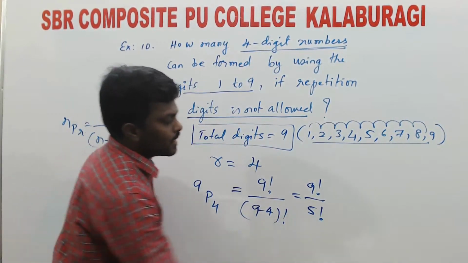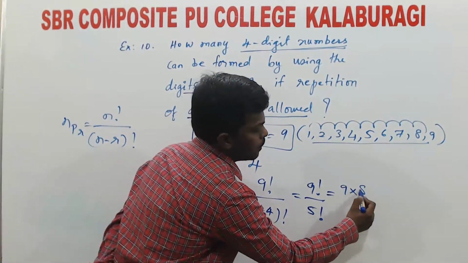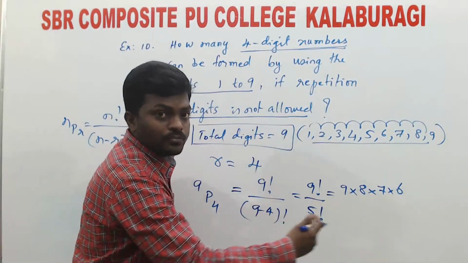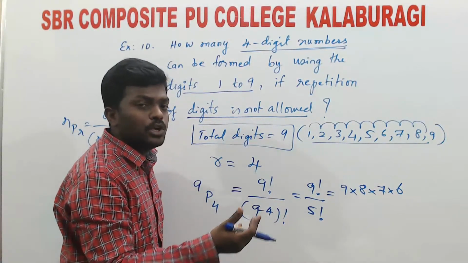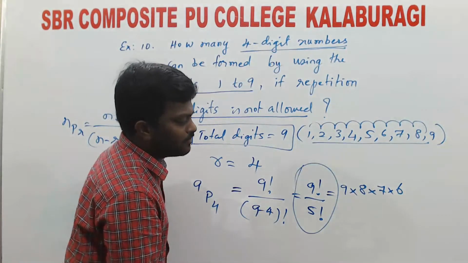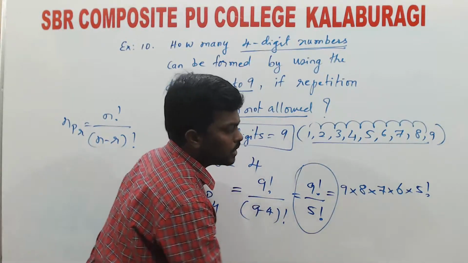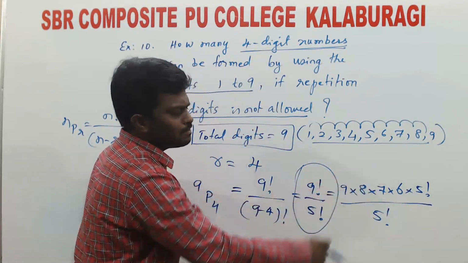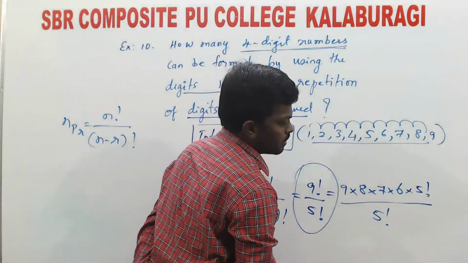That is 9 factorial by 5 factorial. Can I write 9 factorial as 9 into 8 into 7 into 6 into 5, 4, 3, 2, 1? While solving, I have told you, keep looking at the question carefully. In the denominator we have 5 factorial, so I'll stop there itself. 5 factorial divided by 5 factorial, you can split and cancel also. Doesn't matter.